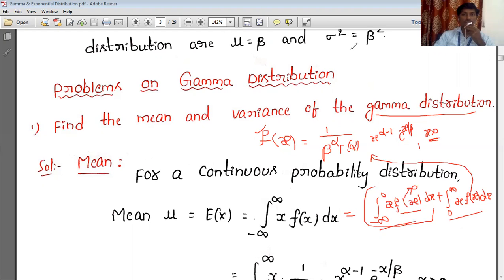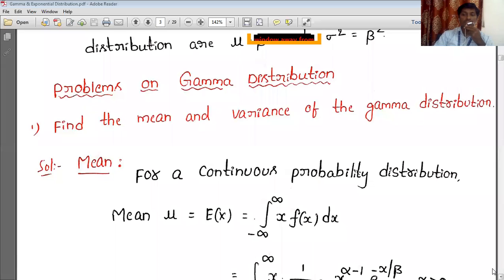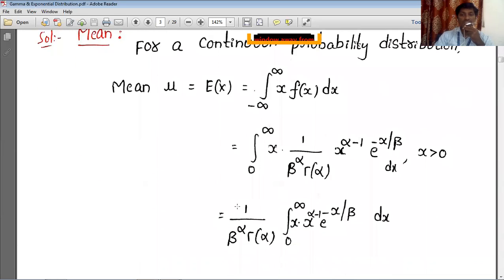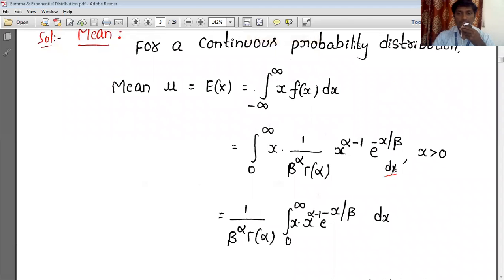Here the integration is with respect to x, so obviously this is a constant, and we write it outside of the integrand. So inside we have x times x power alpha minus 1, e power minus x by beta dx.